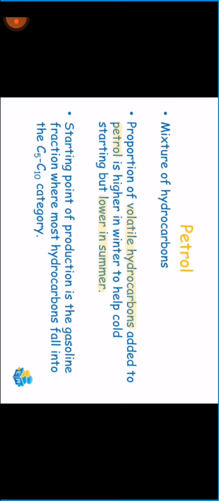In the winter there's a lot more volatile hydrocarbons so that it's easier for engines to start and to prevent engine knocking. The starting point of production is the gasoline fraction, where most of the hydrocarbons fall into the C5 to C10 category as they're light and volatile.